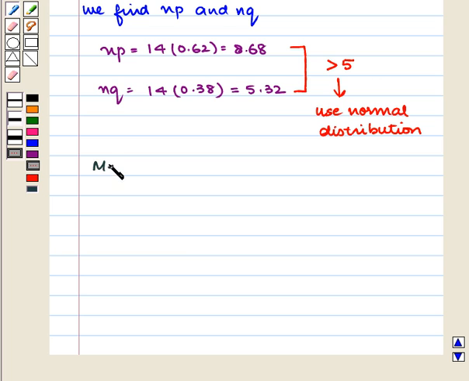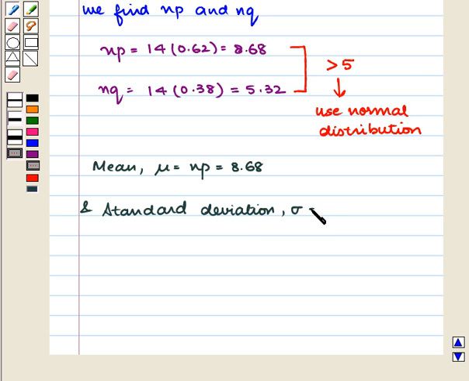With mean mu equal to np equal to 8.68 and standard deviation sigma equal to the square root of npq, which is equal to the square root of 14 into 0.62 into 0.38, which is approximately 1.816.